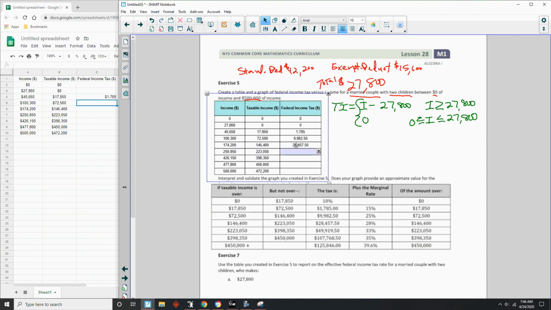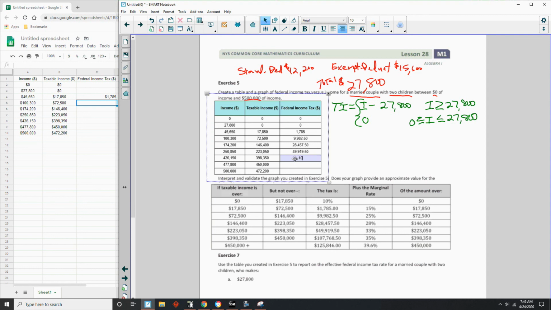Okay. Taxable income of 223,050, so that's right here. And that will be 49,919.50. And 426,150, taxable income of 398,350, which is right here. 107,768.50.